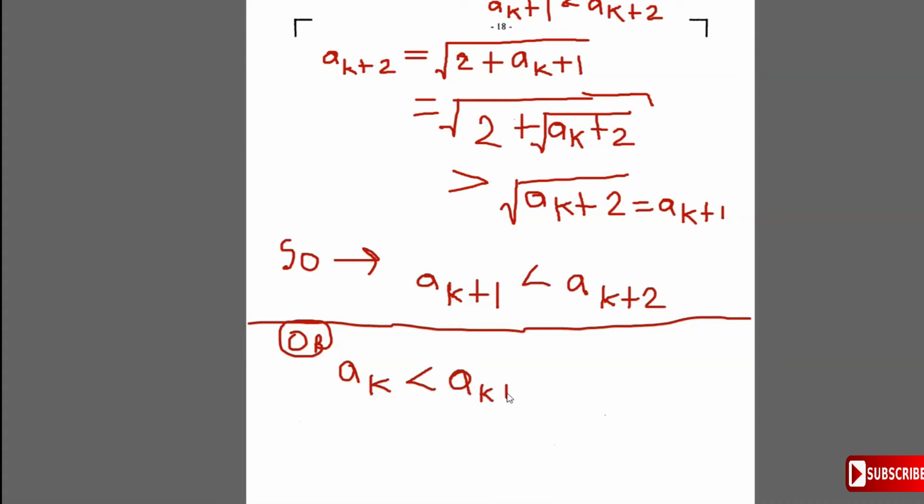This is something that we know. But what is a_k? We know that a_k is, of course, the square root of 2 plus a_{k-1}.